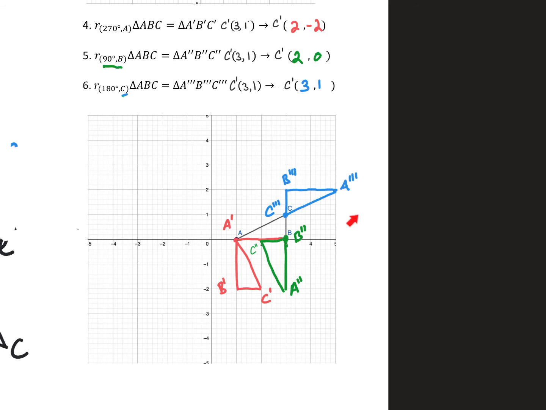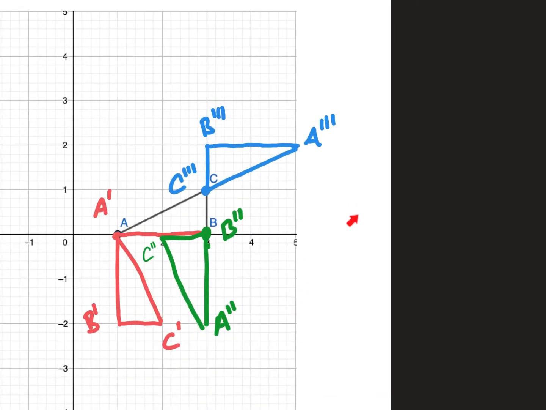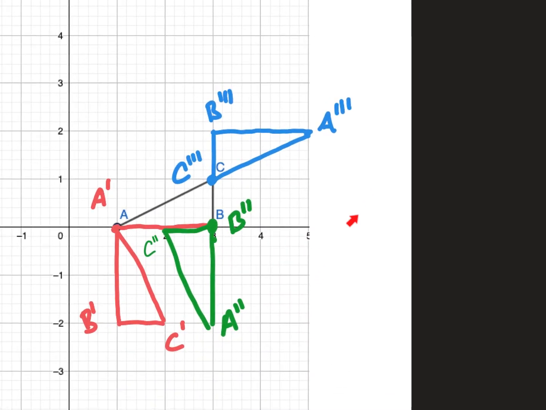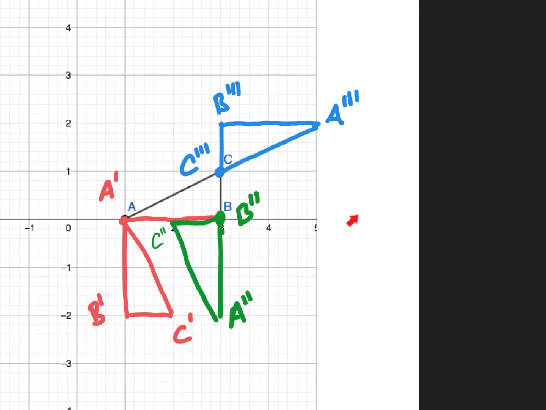However, remember that if you connect the points through the rotation point, they should all have the same angle. I'm going to make my drawing kind of messy, but let's look at that. For instance, if I connect C to my C double prime after a rotation of 90 degrees, that should create a 90 degree angle there, and that does look like a 90 degree angle.